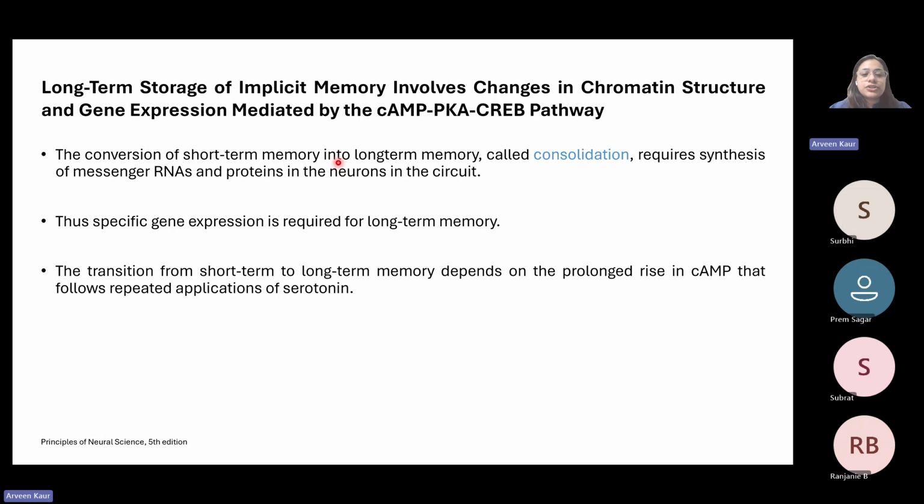The conversion of short-term memory into long-term memory is called consolidation, which requires synthesis of messenger RNAs and proteins in the neurons in the circuit. That specific gene expression is required for long-term memory. The transition from short-term to long-term memory depends on the prolonged rise in cAMP that follows repeated applications of serotonin.